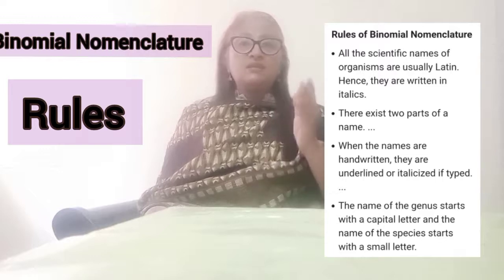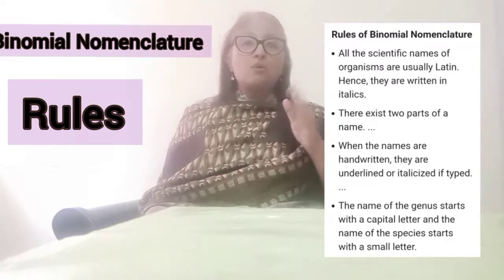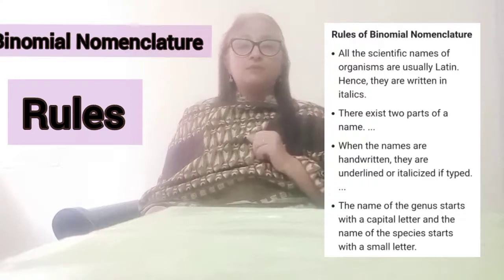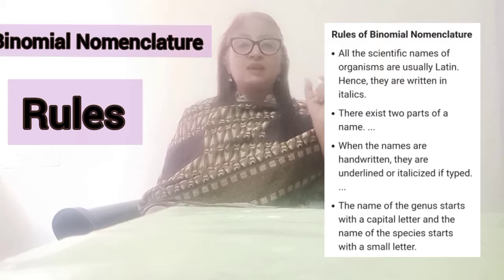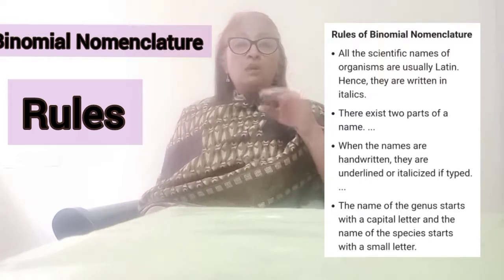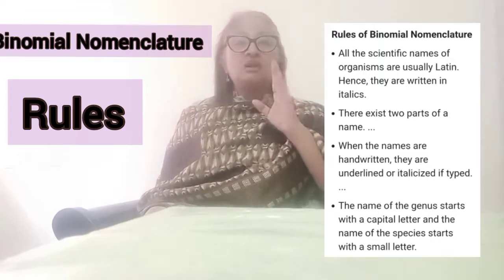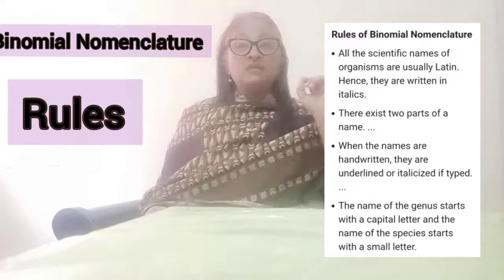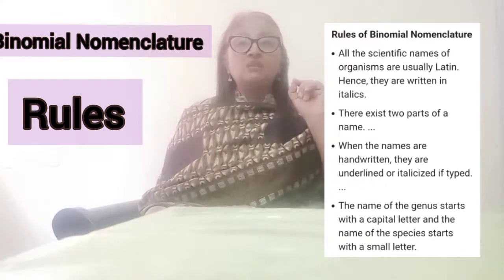For example, let us take the case of human beings. Human beings are known as Homo sapiens. So Homo represents the genus and sapiens represents the species. Homo, H-O-M-O, H should start with a capital letter, and sapiens, S should be written with a small letter.